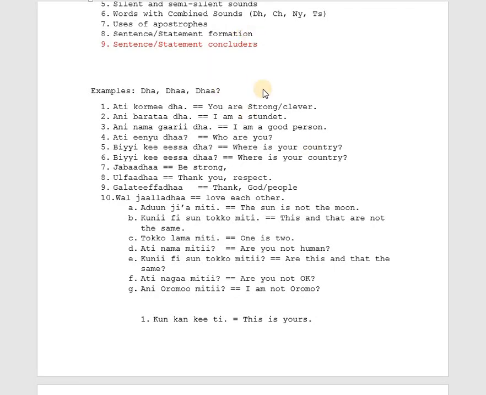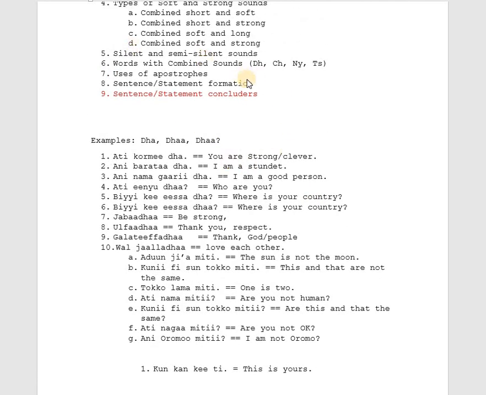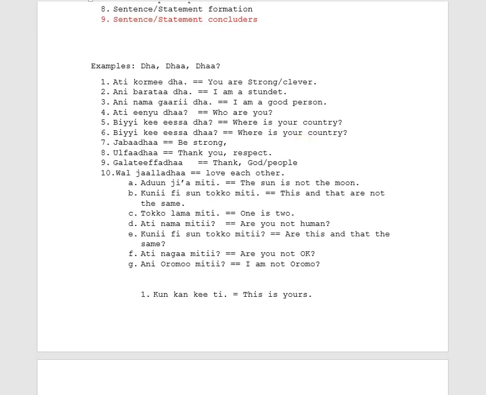I adapted this a little bit from my previous listing because I thought this is better than the previous listing. So there are some of them I have here for you, and I am going to go through them.